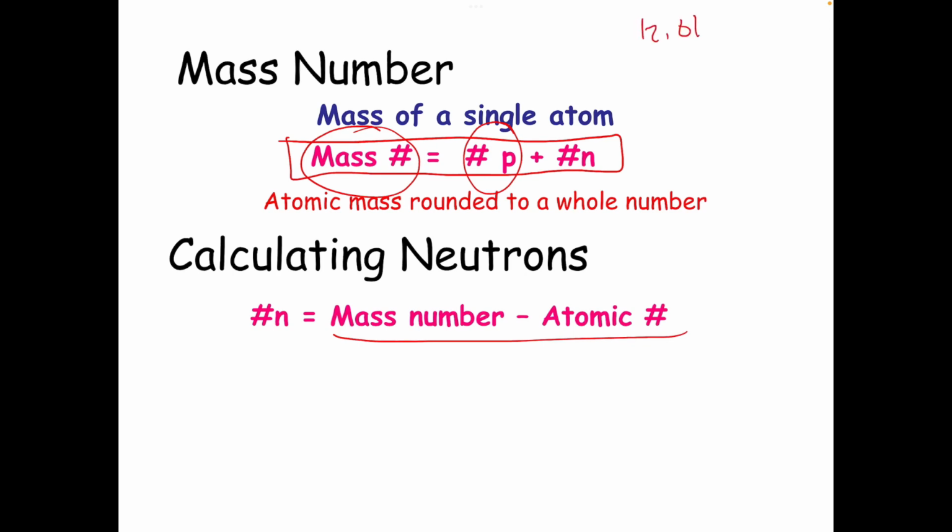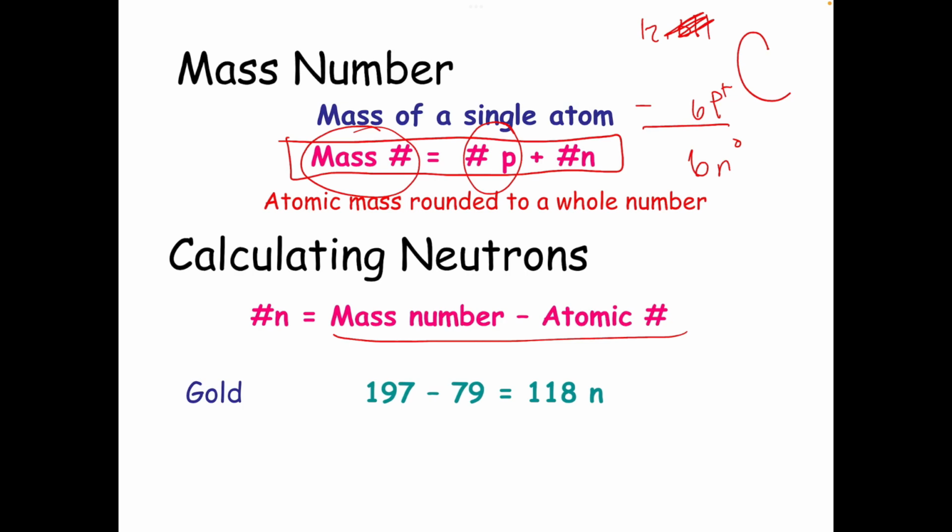If you saw on the periodic table, it was arranged like this, I can kind of see a subtraction. So 12 mass number minus 6 protons would mean 6 neutrons. So for gold, this is the mass number, this is the number of protons, this is the number of neutrons.